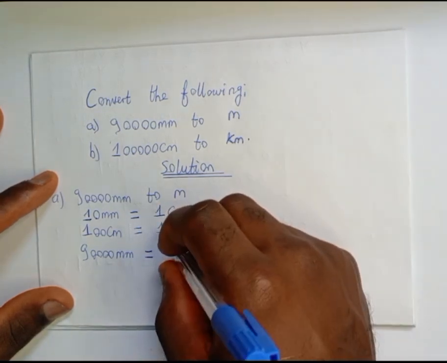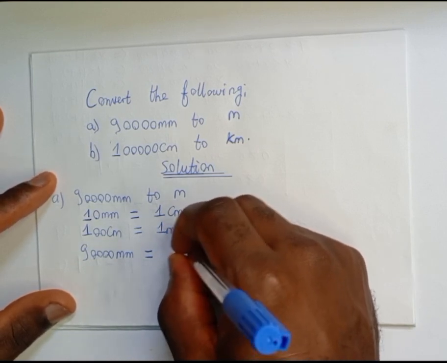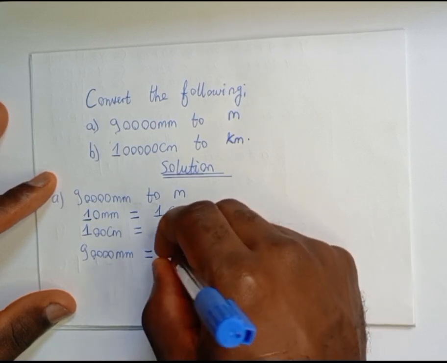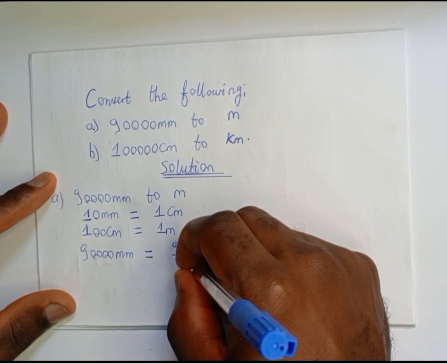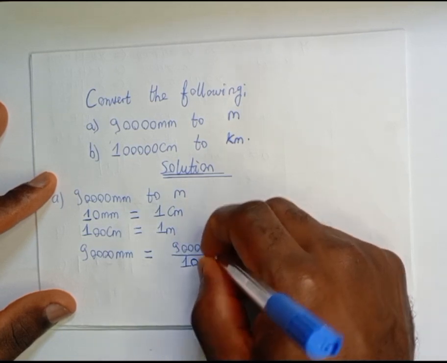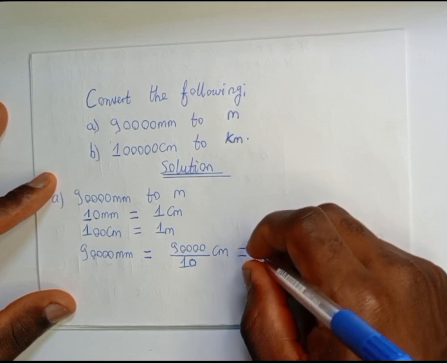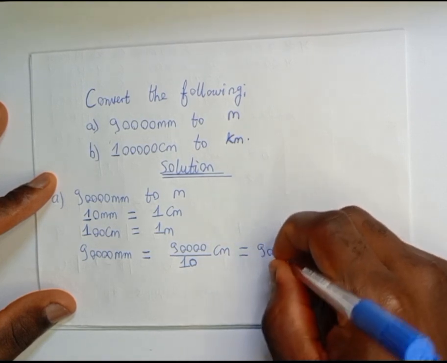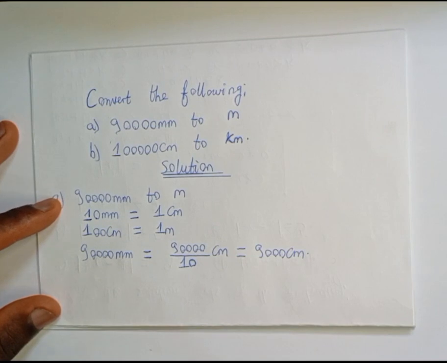So we are going to divide 90,000 by 10. The unit will be centimeters. This will simply be equal to 9,000 centimeters.